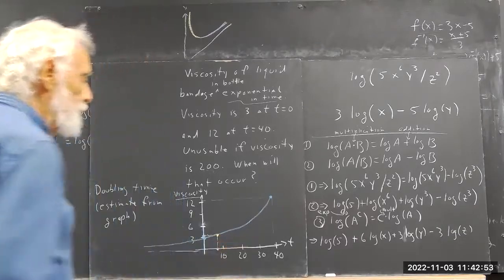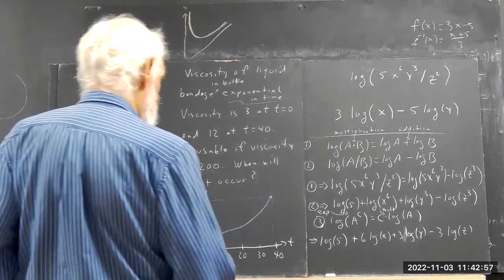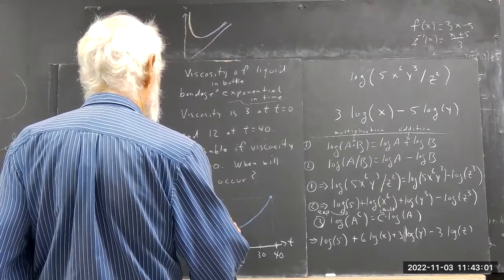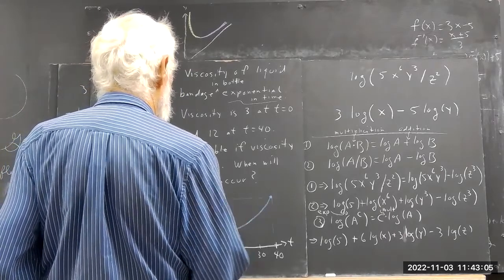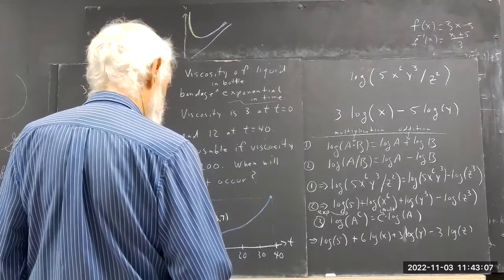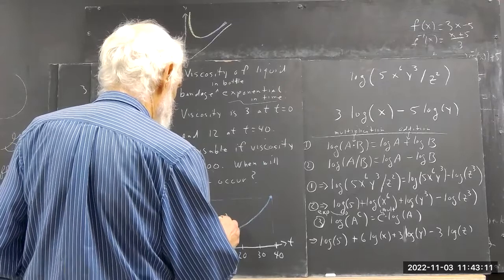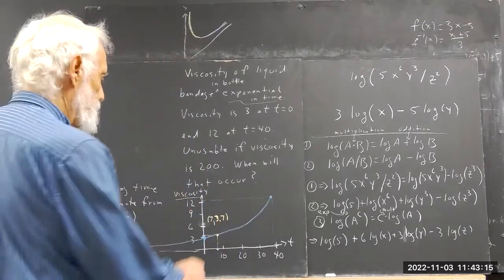So if I've got a point on the graph, it makes sense to go ahead and estimate its coordinates. So I'm going to say the coordinates here look to be about 0.7 and 3.7.